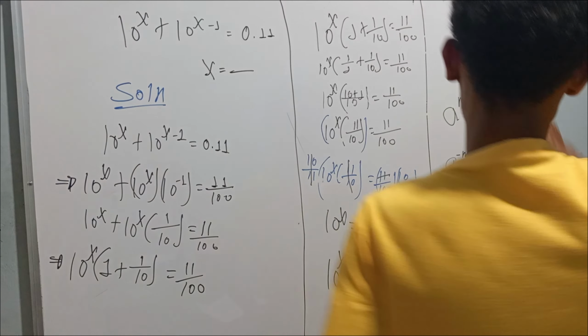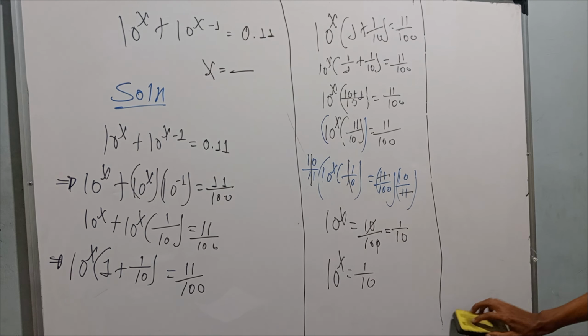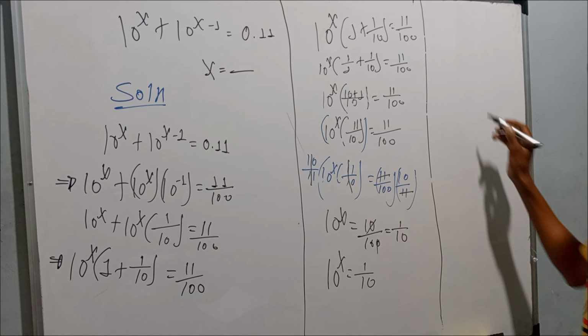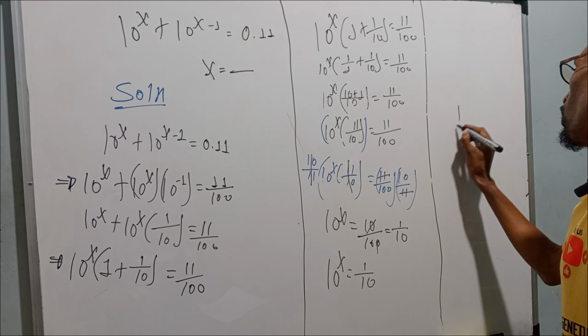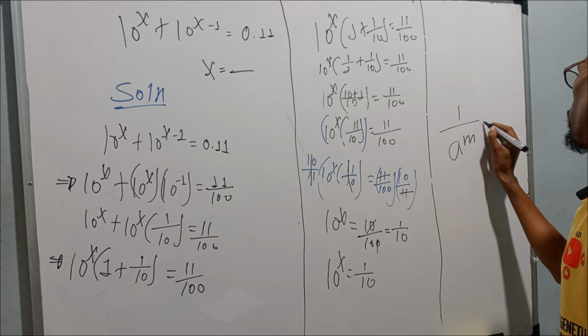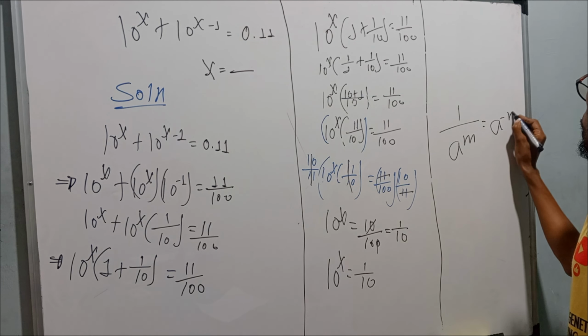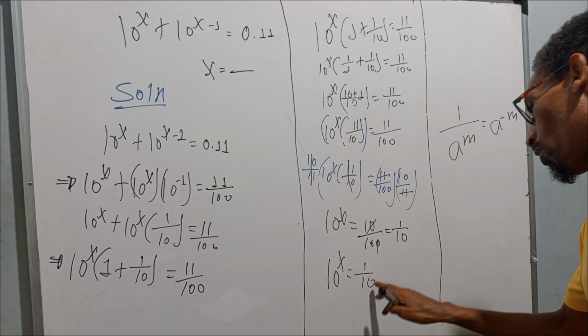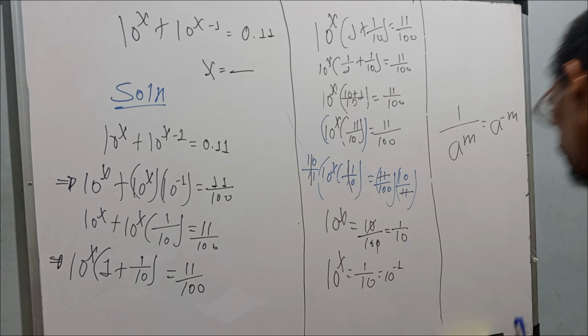This is again expressed as, we know that for any fractions like 1 over a to the power of m, we must express this as a to the power of minus m. So because of this, 1 over 10 is equal to 10 to the power of minus 1.